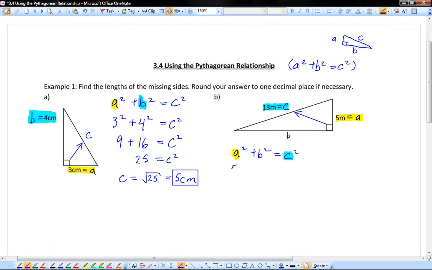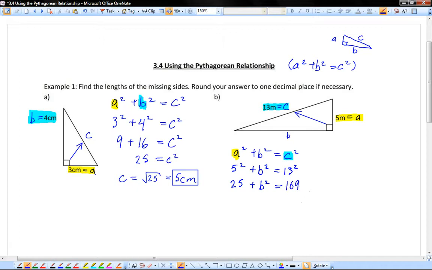Replace A with 5, and I'll be squaring that. B is the unknown side length. I'm going to be looking to find that out. And C is 13, so I'll be squaring that. So 5 squared means 5 times 5, that's 25. B squared, this is still unknown. C squared is 13 squared. 13 times 13 is 169.